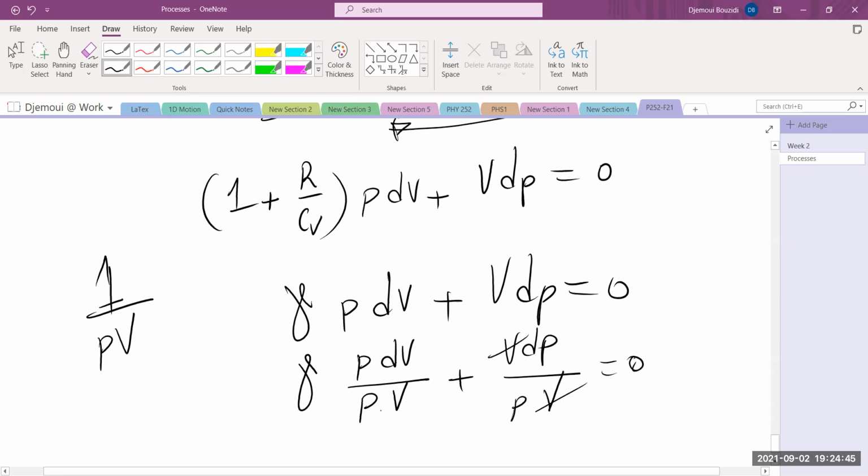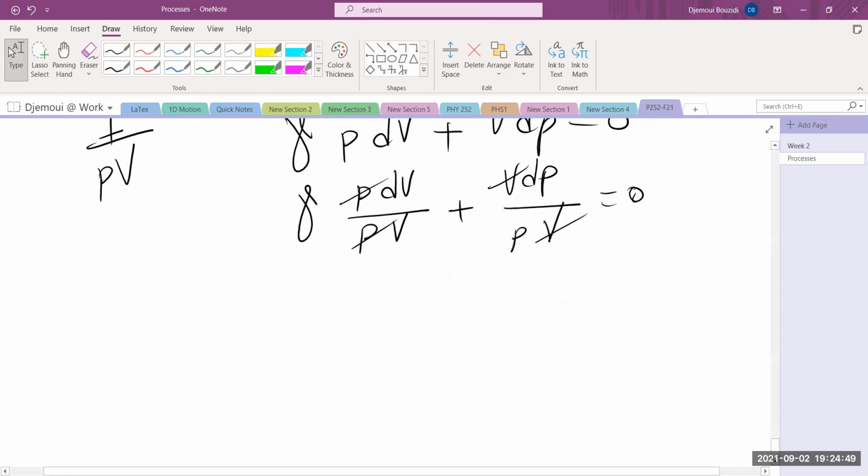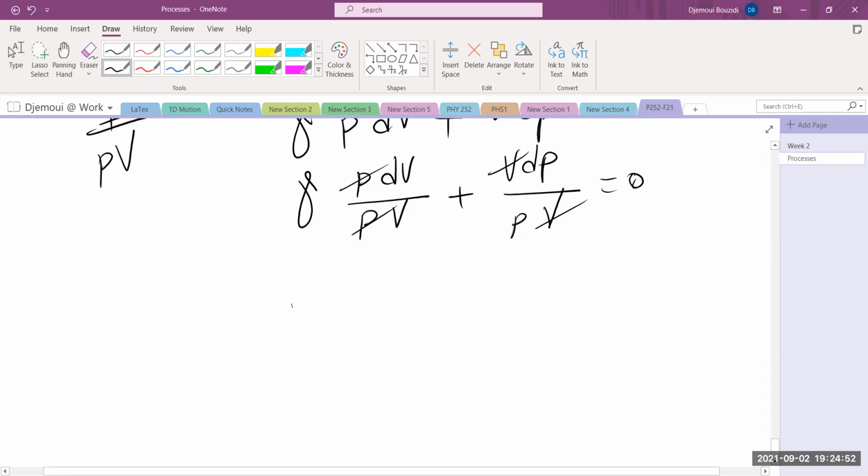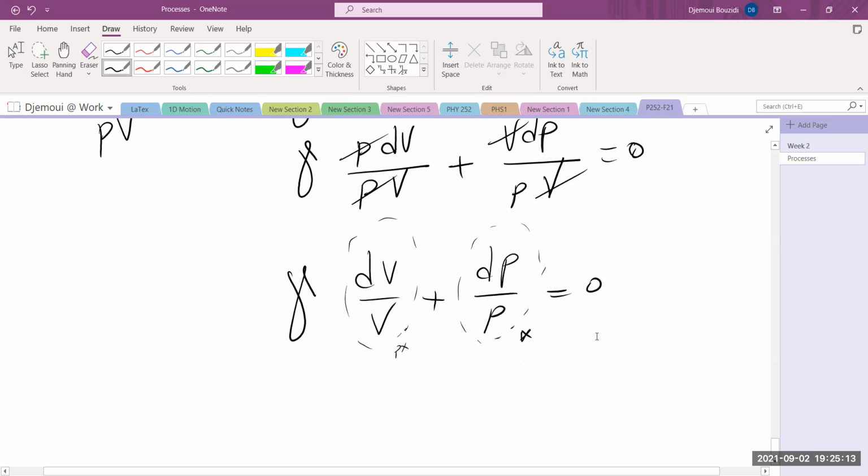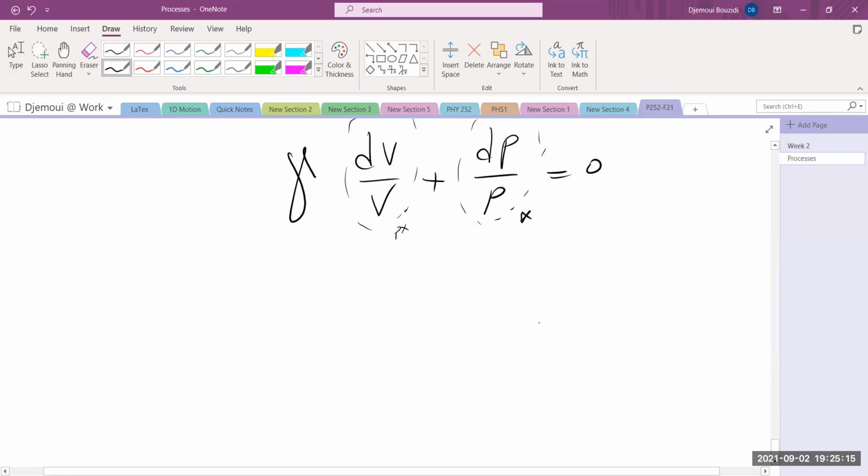The V cancels the V, and the P cancels the P. I will be left with the following expression: gamma dV over V plus dP over P is equal to 0. This function does not have P in it, so I can safely integrate it over V. This one does not have V in it, so I can safely integrate it over P. And the integral of 0, of course, is a constant, that's all.